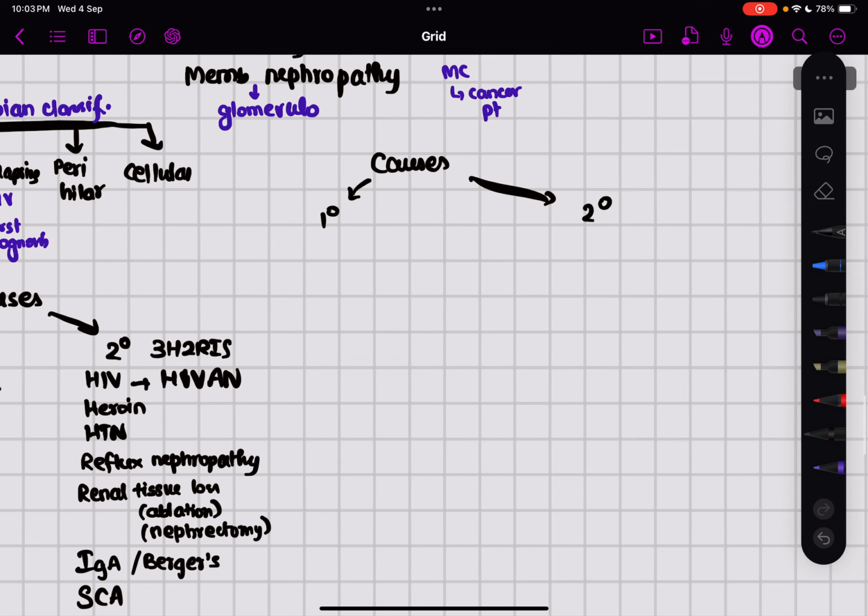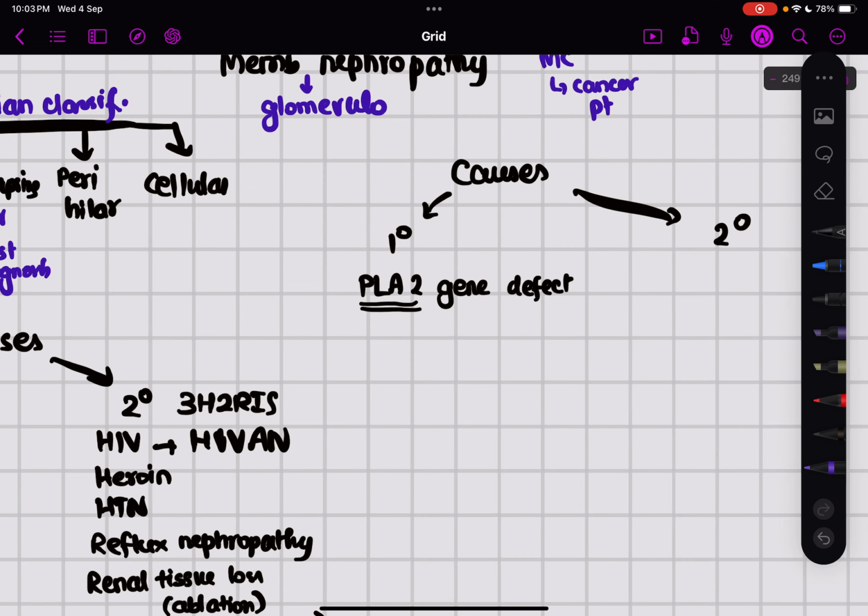Primary causes are due to PLA2 gene defect, that is phospholipase A2 gene defect, or autoantibodies against phospholipase A2. And thrombospondin defect.